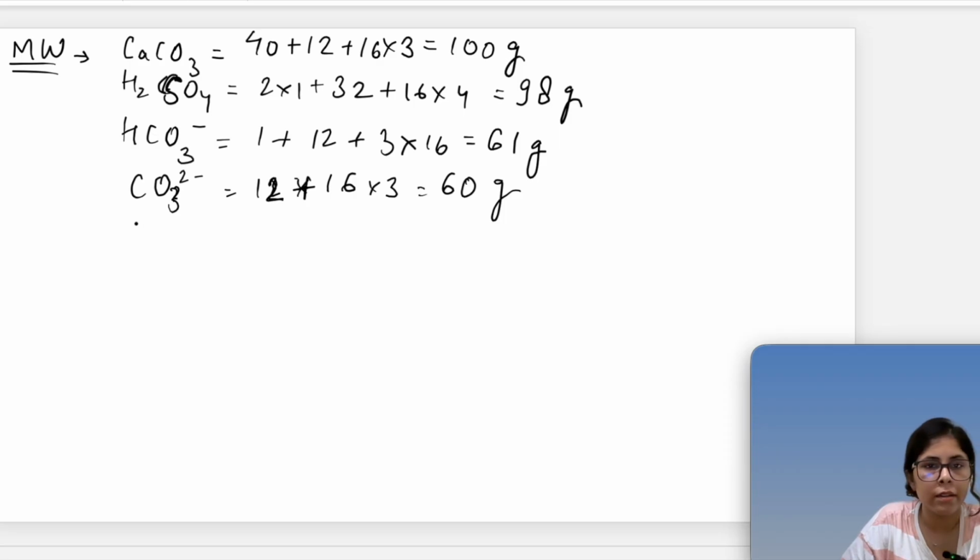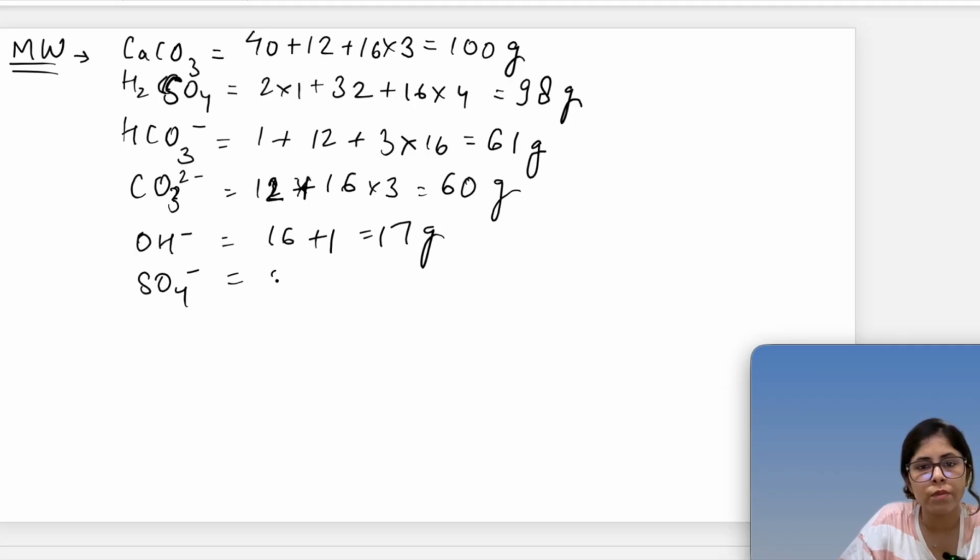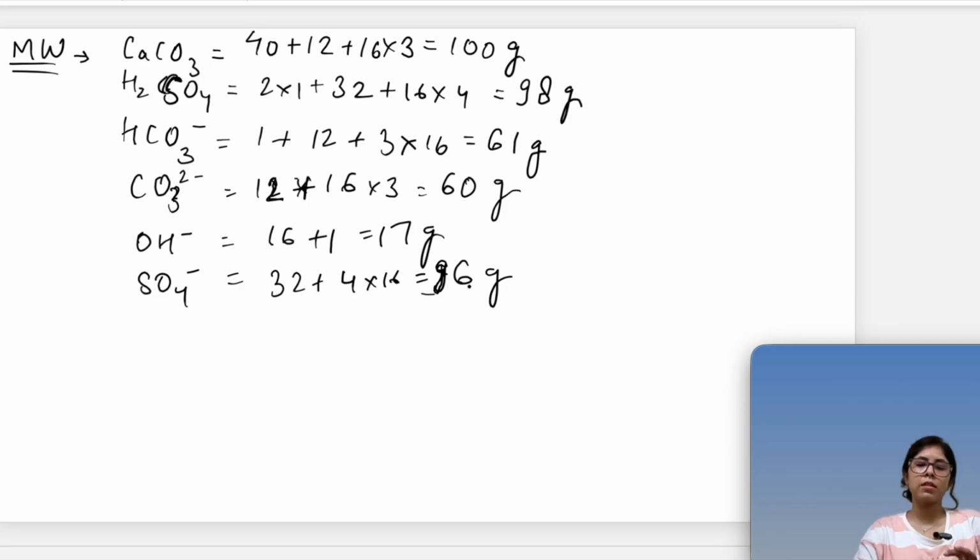We'll also be seeing OH minus, which is 16 plus 1, that's 17 grams, and there is another one we call HSO4 minus, so 32 plus 4 into 16, it's 96 grams. All right, these are some of the important molecular weights that will be important in numericals of alkalinity as well as hardness.